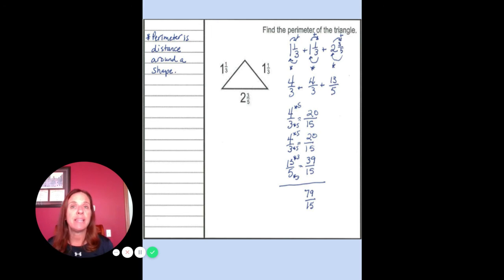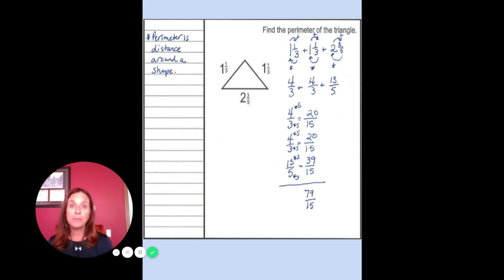Now, you could take that to a mixed number too by seeing how many 15s go into 79. How many whole 15s go into 79? Well, 2 15s is 30. So 4 15s is 60. We're getting closer. 5 15s is 75.